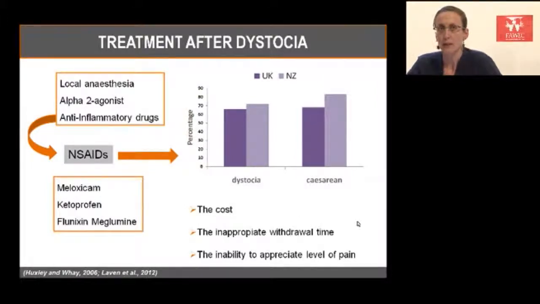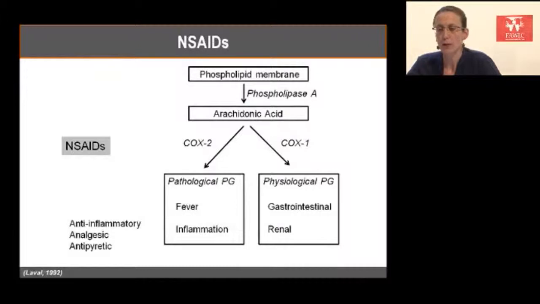And regarding the mechanism of the non-steroidal anti-inflammatory drugs, as you probably know, this kind of drug acts over the cyclooxygenase enzyme. There are two kinds of COX. COX-1 produces changes on the physiological prostaglandins, so that means that it produces side effects.